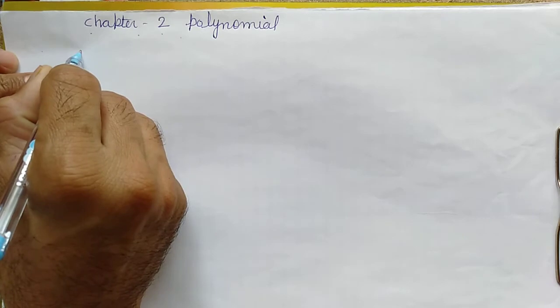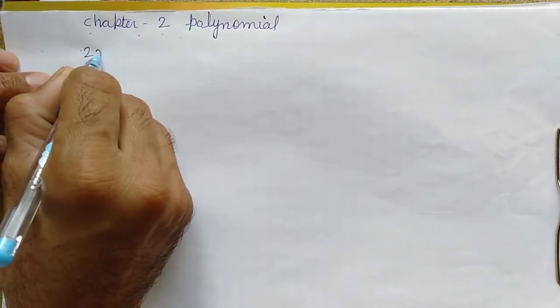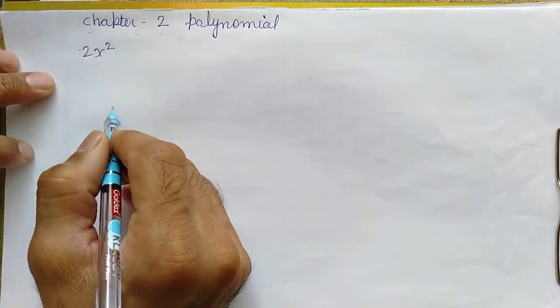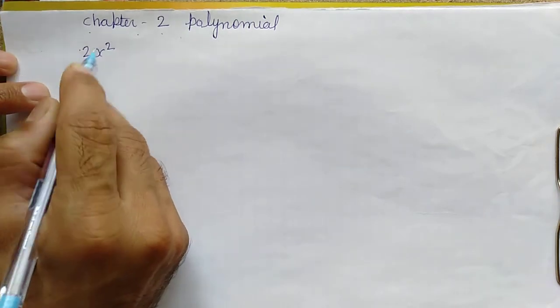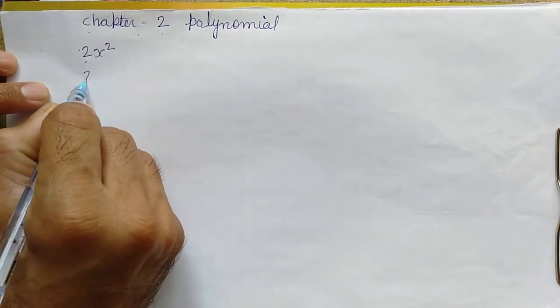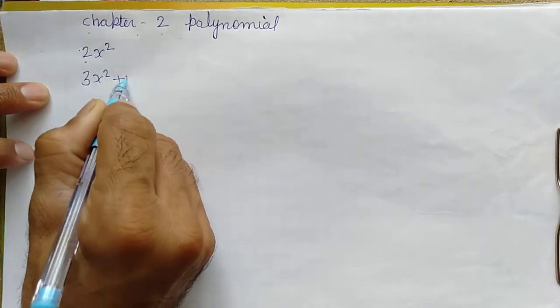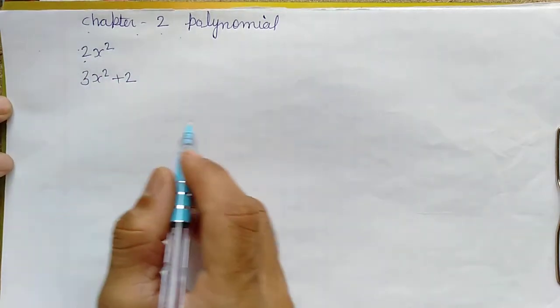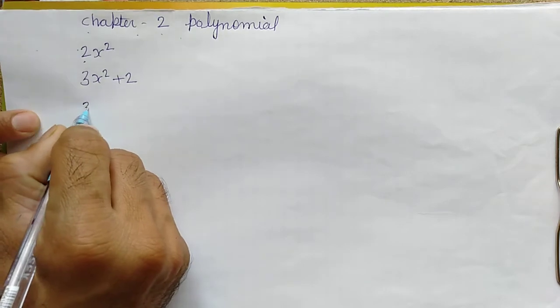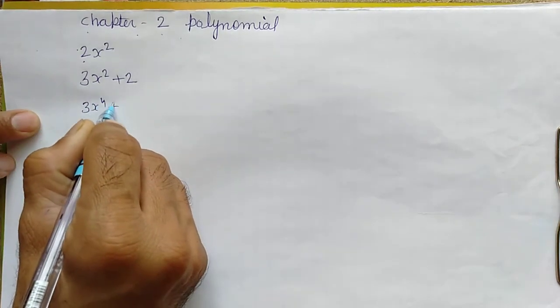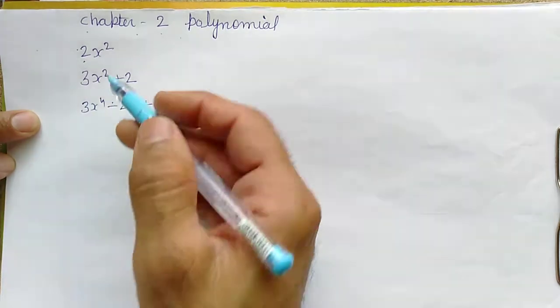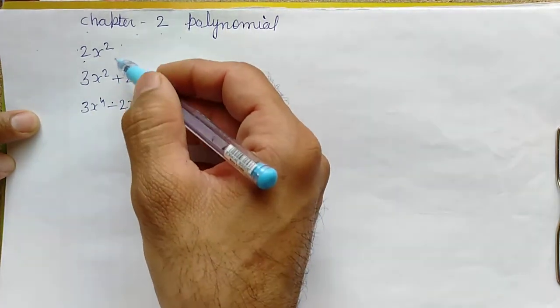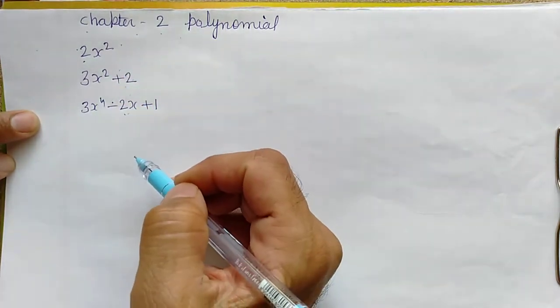Like I'm writing here, 2x square. This is one expression. Another one, 3x square plus 2, right? Another one, 3x power 4 minus 2x plus 1. Like this, these are expressions.